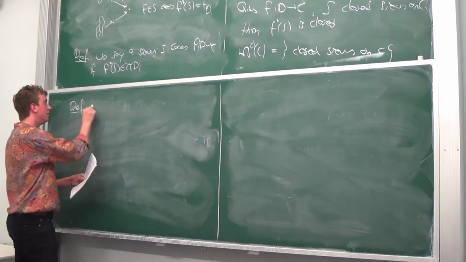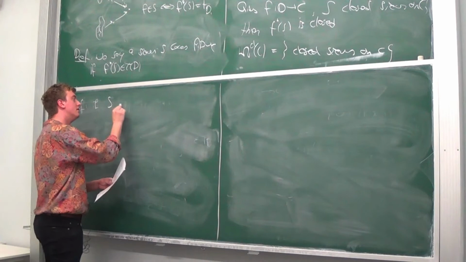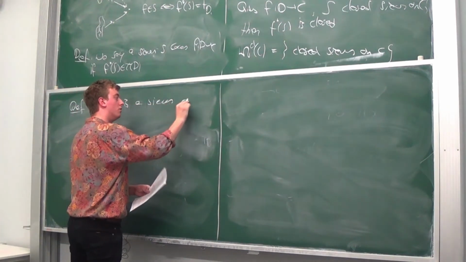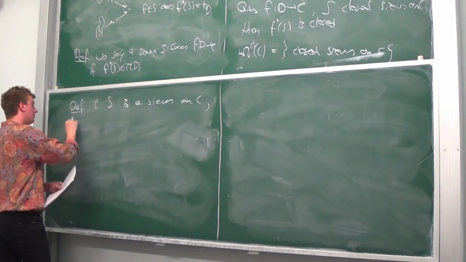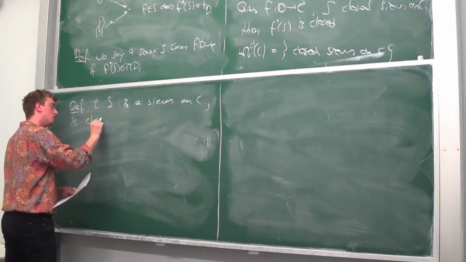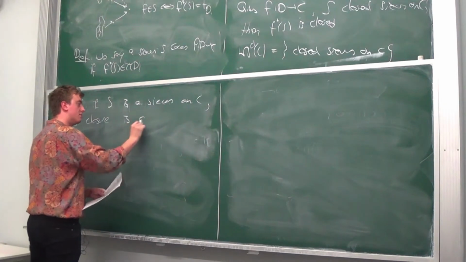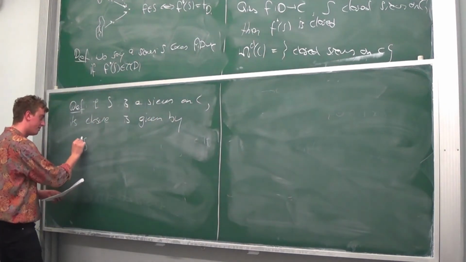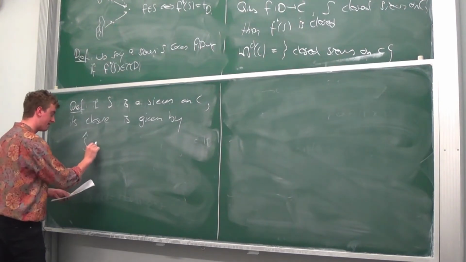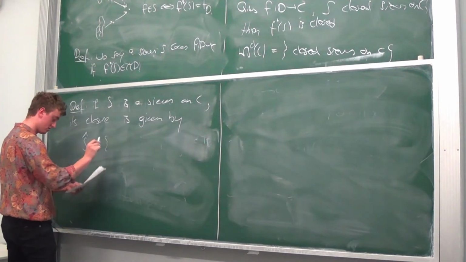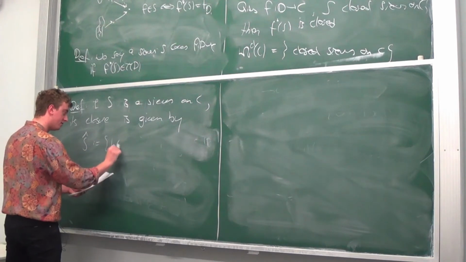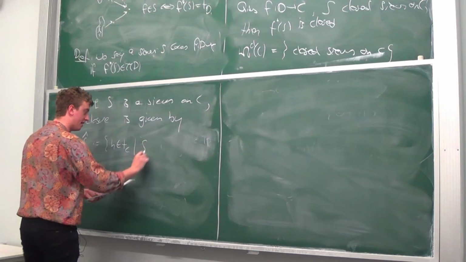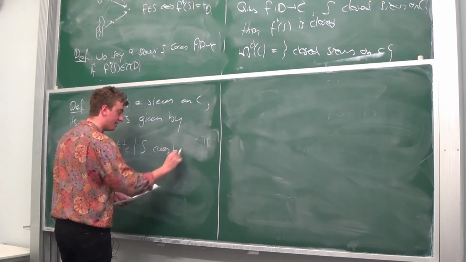So if S is a sieve on C, its closure is given by S hat, and we define this to be those morphisms h going into C such that S covers h.